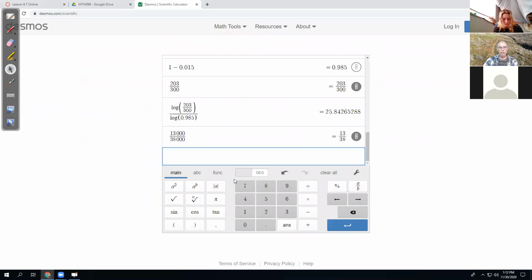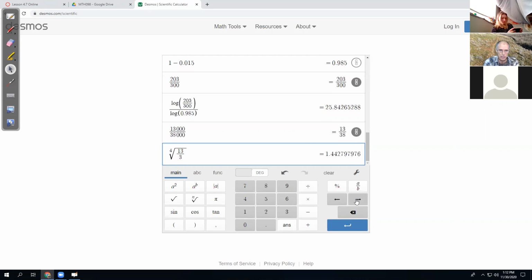So new line. And my calculator does have an n root button. And so on Desmos, I click it and then it says, okay, what's your root? I say I want the fourth root. And then inside the box, I click or use the arrows if you're on a phone. And then just type your 13 over 38 or the decimal version if you're using that one. Let me know if you have calculator questions about how to get that number.